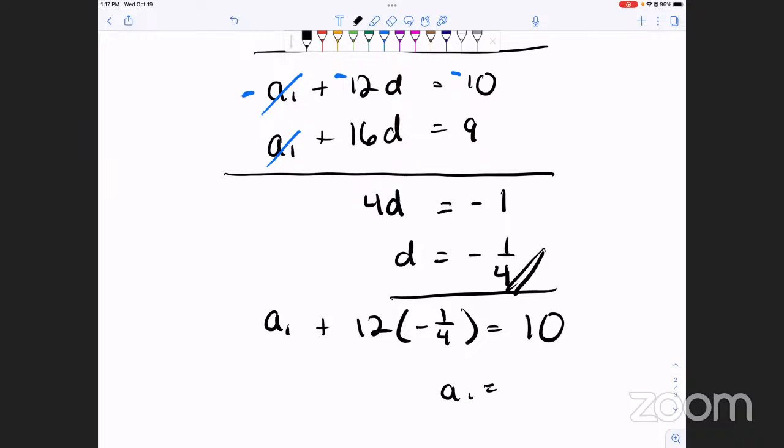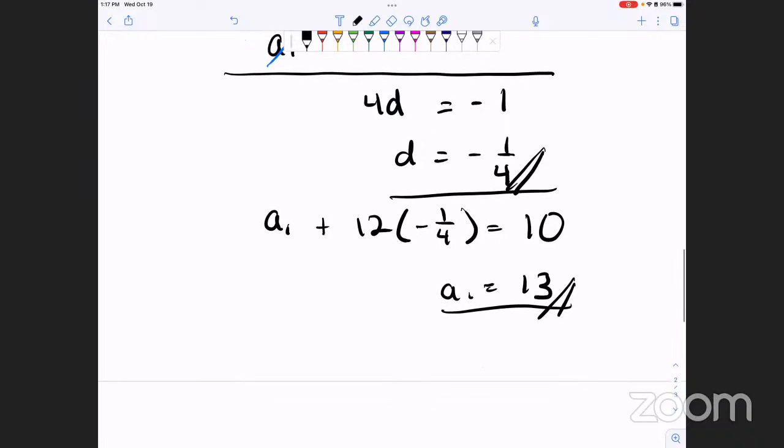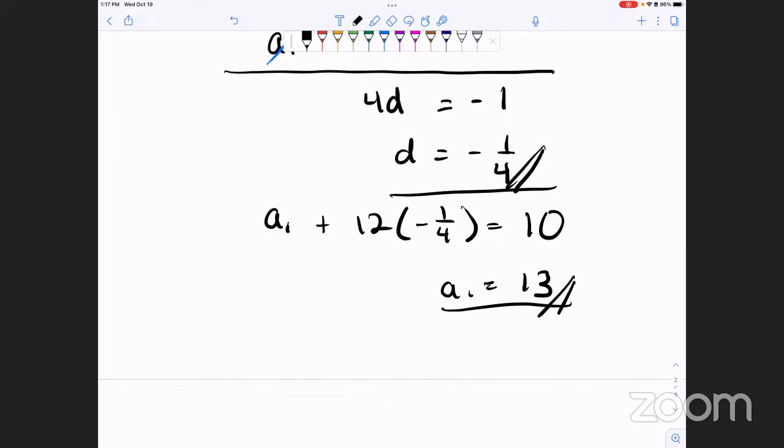So then a_1 equals 13. So then the general form is going to be 13 plus n minus 1 times negative 1 over 4. That looks a little bit nasty, but that's how it is for now.